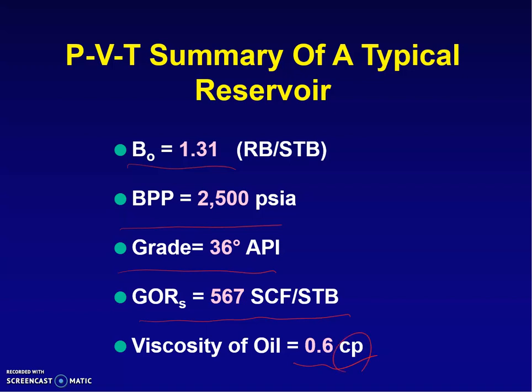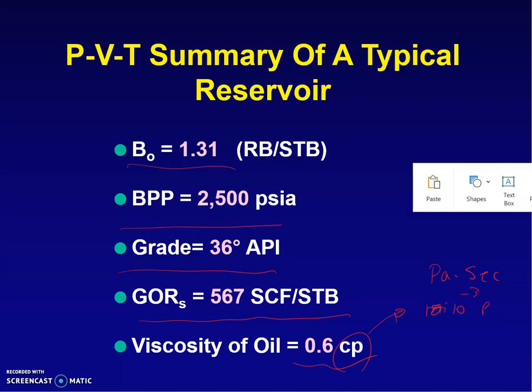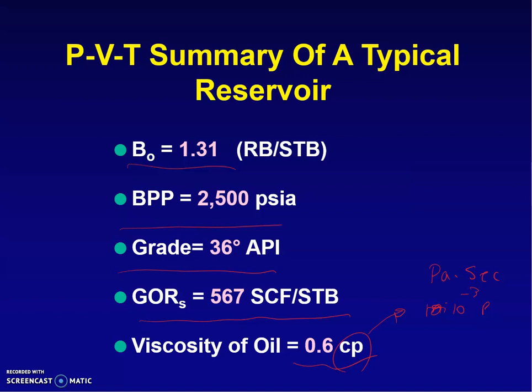Centipoise is, I forgot to mention, a unit of viscosity. The unit of viscosity is actually Pascal second, pressure times time. That's the unit of viscosity. And if we have a milli, it means 10 to the negative 3 Pascal second. My pen is not working now.